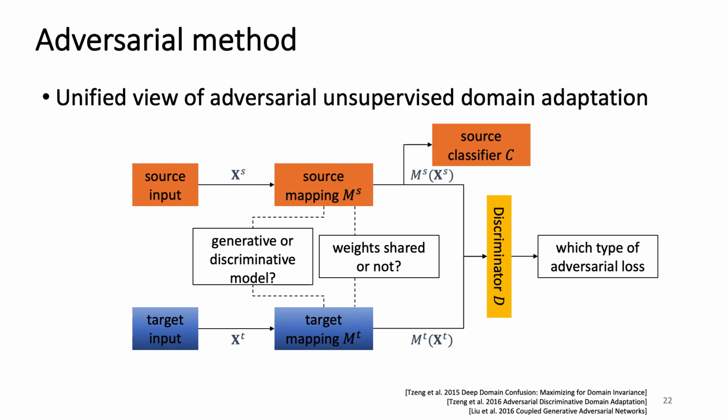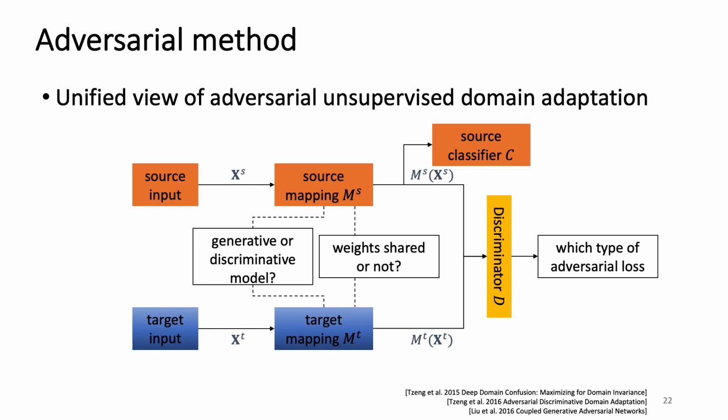Of course, another way to make the data in the target domain and the source domain similar is using the idea of the adversarial method. So basically, you have a mapping and you have a discriminator, and this discriminator tries to differentiate whether a data sample is from the source domain or the target domain.